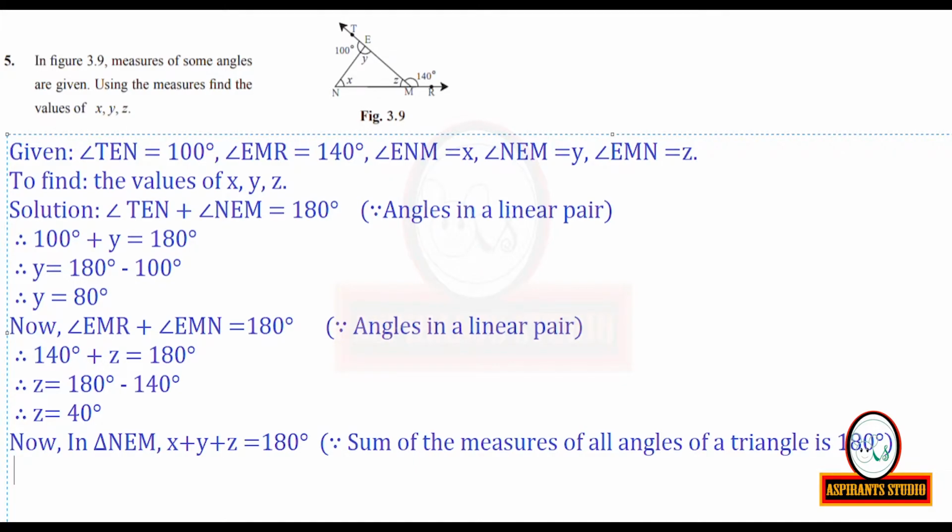Now substitute the values of y and z over there. y is equal to 80 degrees, we already found out. z is equal to 40 degrees, we already found out. So x plus 80 degrees plus 40 degrees is equal to 180 degrees. Therefore, x plus 120 degrees is equal to 180 degrees.